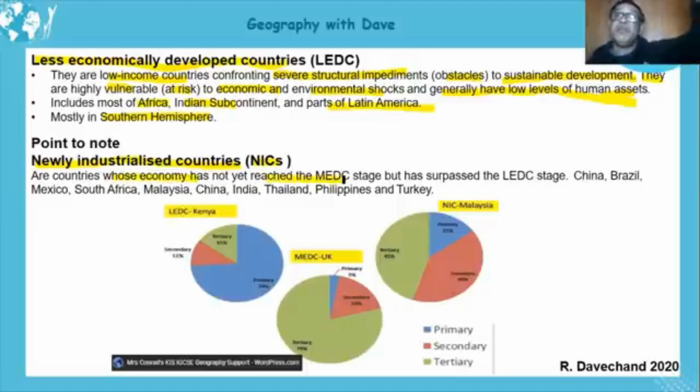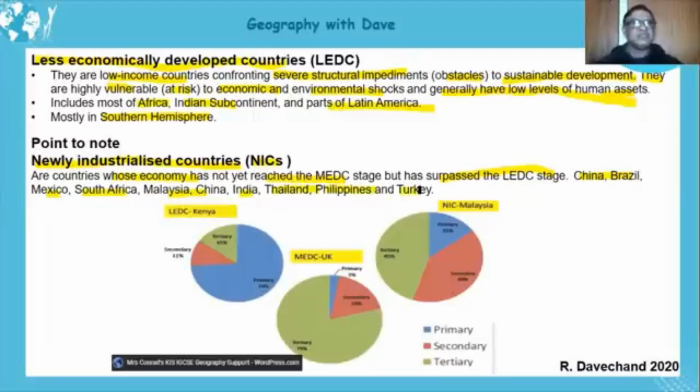They're not in the more economically developed group, but they have gone above the LEDC stage, above the less economically developed. They are places like China, Brazil, Mexico, South Africa, Malaysia. I think I listed China there twice. All right, India, Thailand, Philippines, Turkey, many countries.